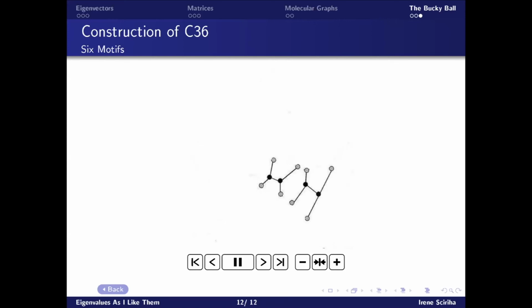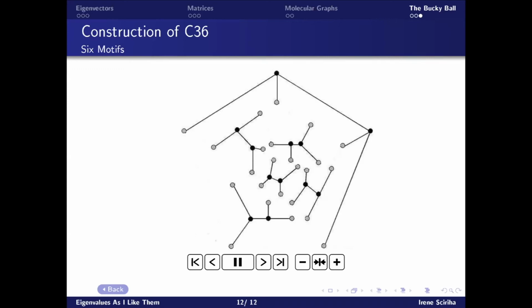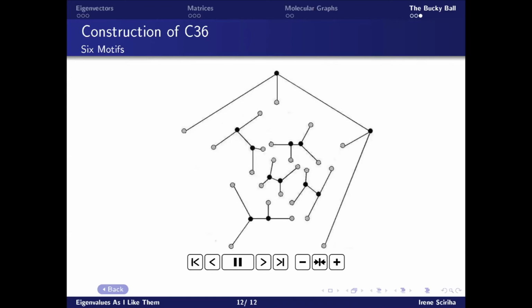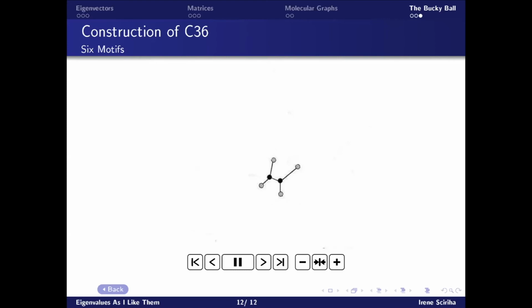Okay. And the smallest one is the Frucht graph, which has 12 vertices. So we have 2 motifs joined. This has 6 motifs joined.